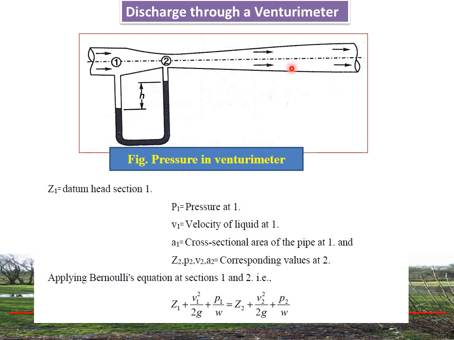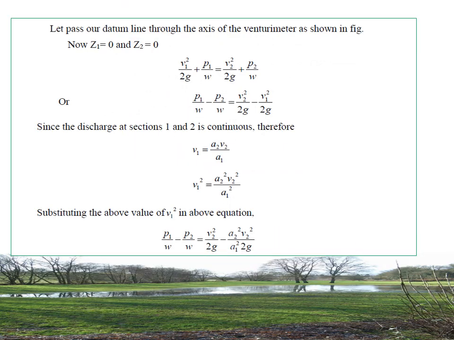So, the pipe is horizontal, so the datum head is the same: Z1 equals Z2. Let us pass our datum line through the axis of the Venturi meter as shown in the figure, so Z1 and Z2 are 0.